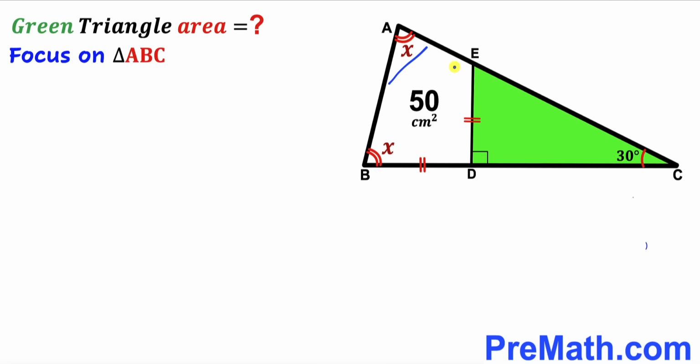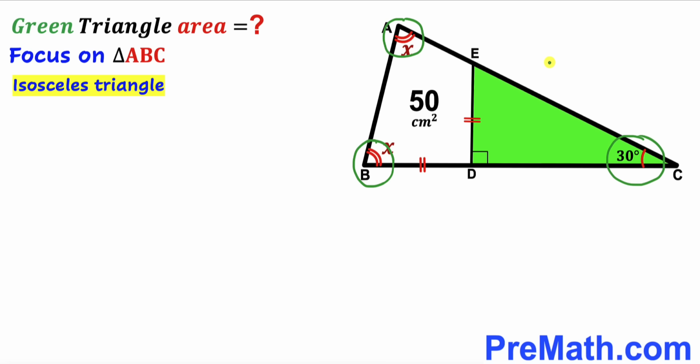Let's focus on this triangle ABC. We can see that this triangle ABC is an isosceles triangle, since this angle is congruent to this angle. Now the sum of all three interior angles of this triangle ABC must equal 180 degrees.